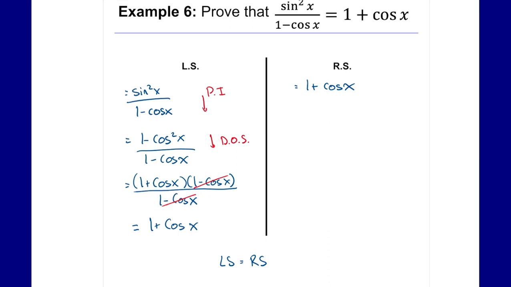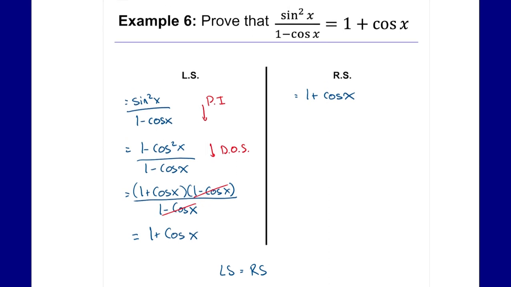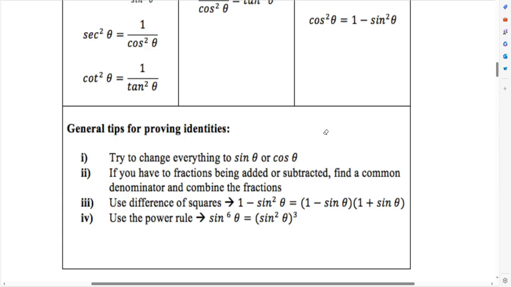So again, a lot of these just take practice, going over them, seeing them, playing around with them. Think of those general strategies that we talked about: trying to change things to sine or cosine, finding a common denominator and combining the fractions, using difference of squares sometimes, or using our power rules.